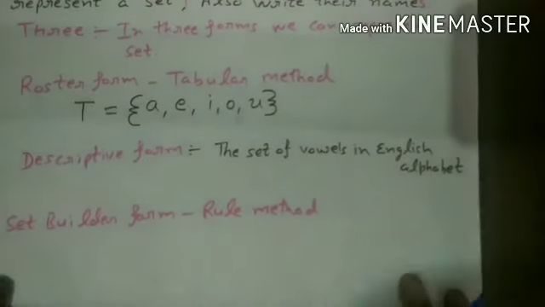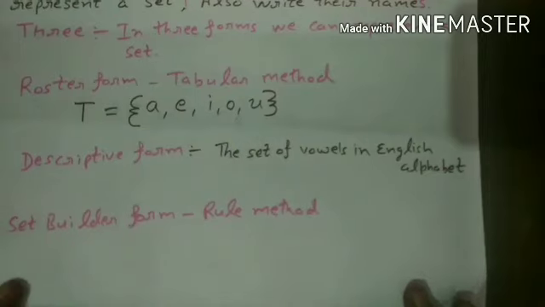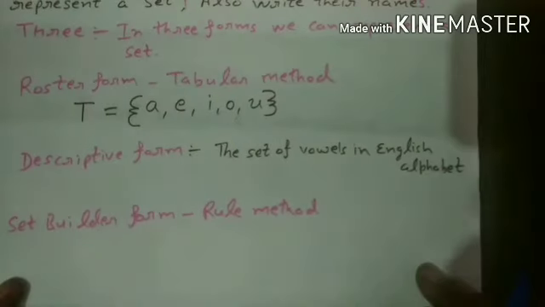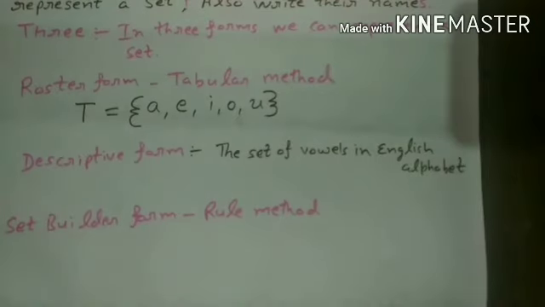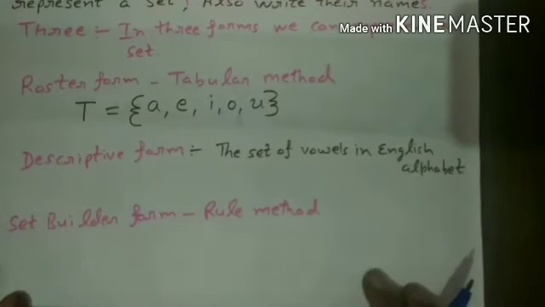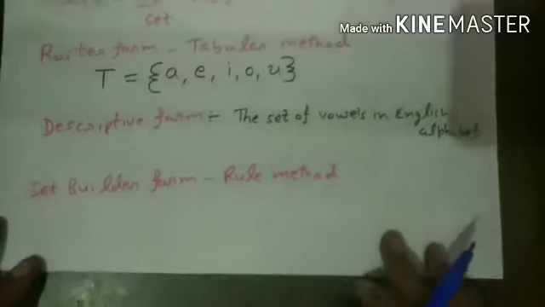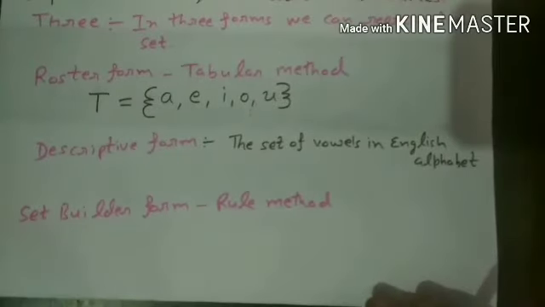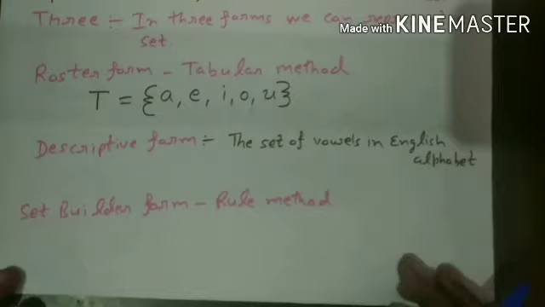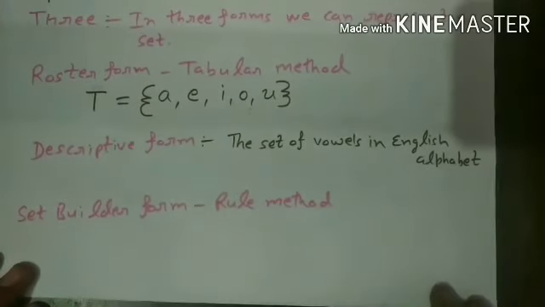Now students, we are going to write the set builder form. In this form we use a variable, and that variable represents all the members of the set. So how will we write this? Please see. Let T be the set of all vowels.